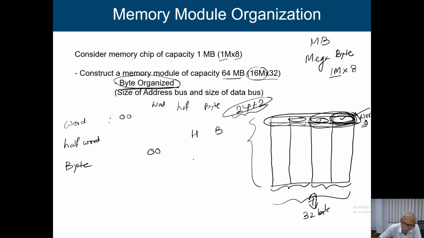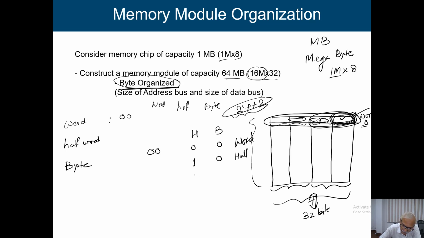So in this case, when the last 2 bits are 00, with H and B being 0 and 0, I am going to access the complete word. That means I am going to work with these 32 bits. When it is 1 and 0, I am going to work with this particular half word, that means these 16 bits.